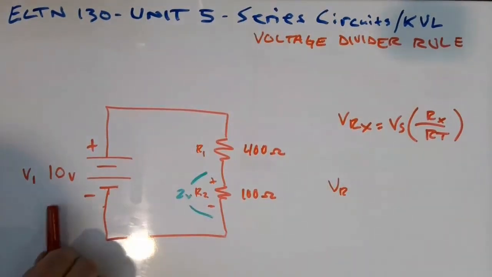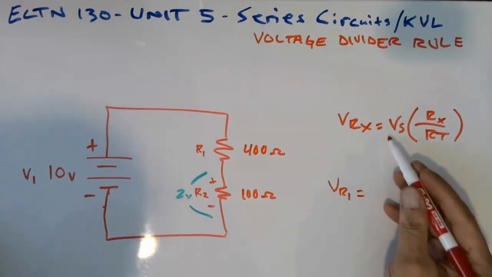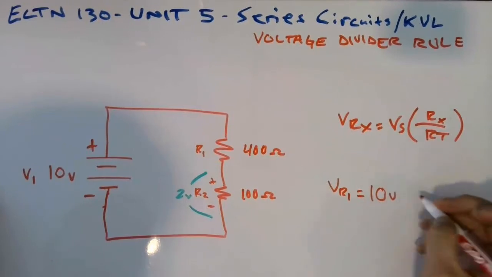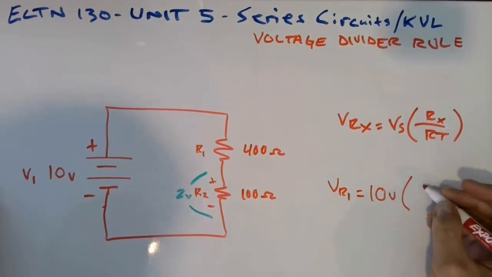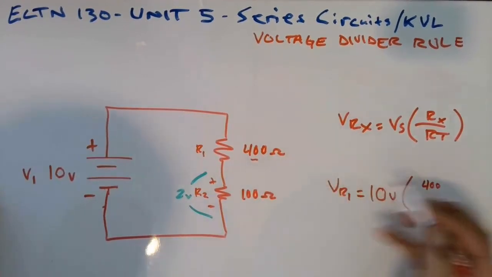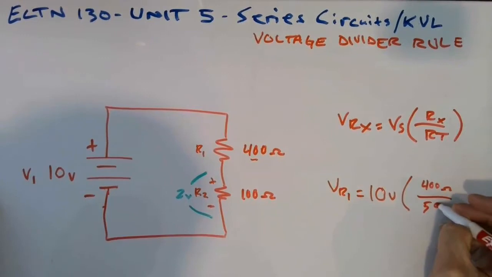Okay, so let's calculate for VR1 now. It's again going to be our source voltage, which is 10 volts. 10 volts times, in this case, 400 ohms, because that's the resistance value of R1, divided by R sub t, which is 500.